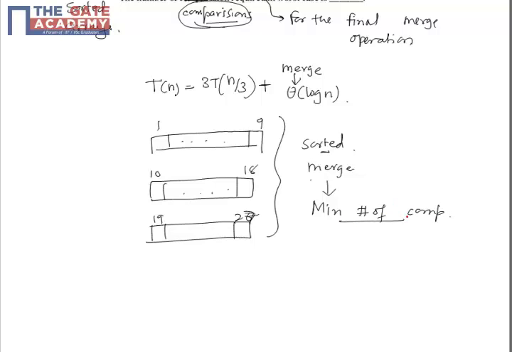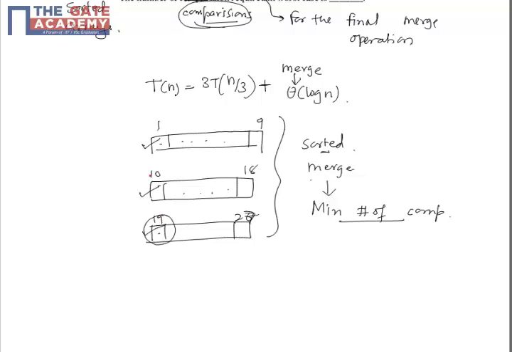Let's take the worst case. These 3 arrays are already sorted. Now we have to merge these 3 arrays into one array, which will be the result of our merge sort. So we have to compare the element at index 1 with the element at index 10 and the element at index 19 to find the minimum element.